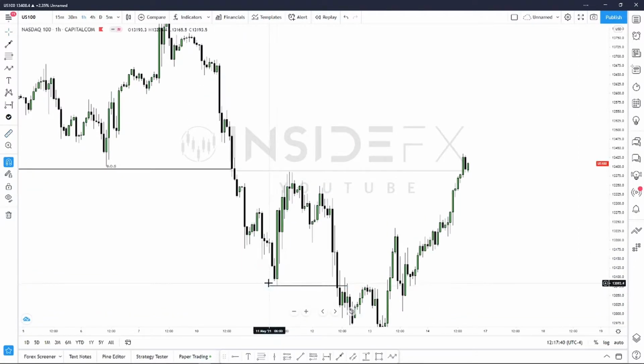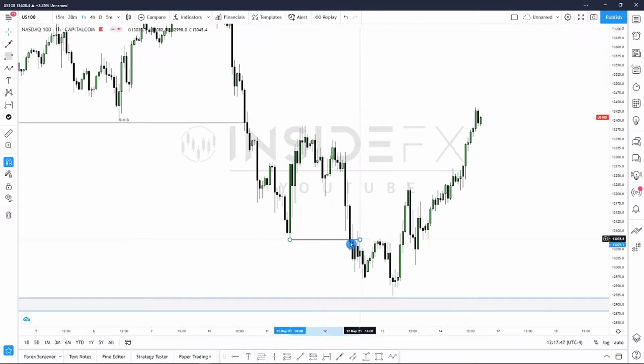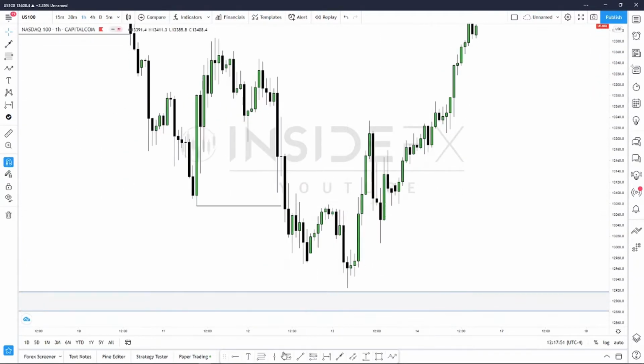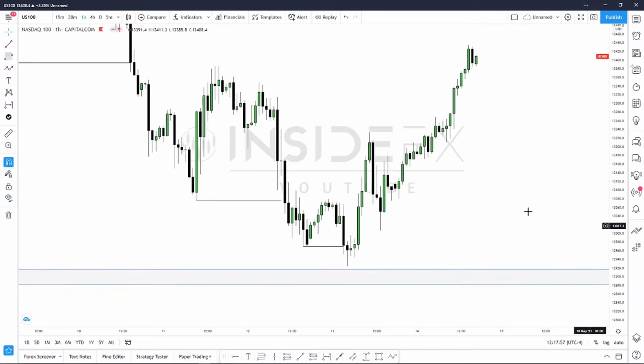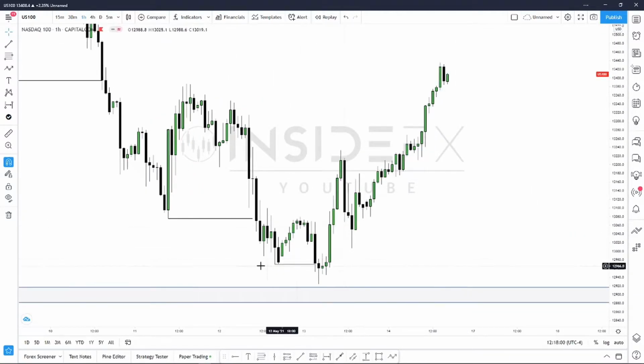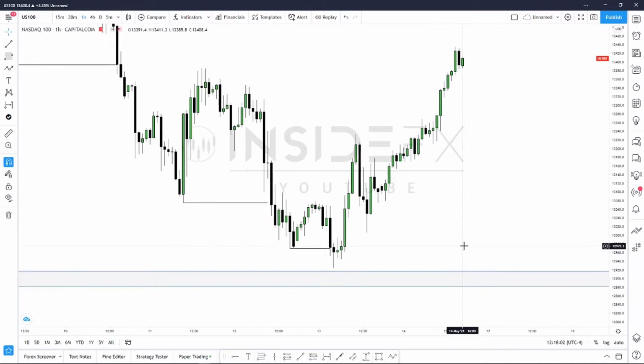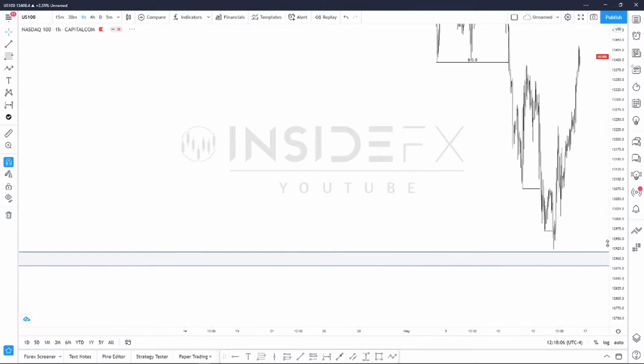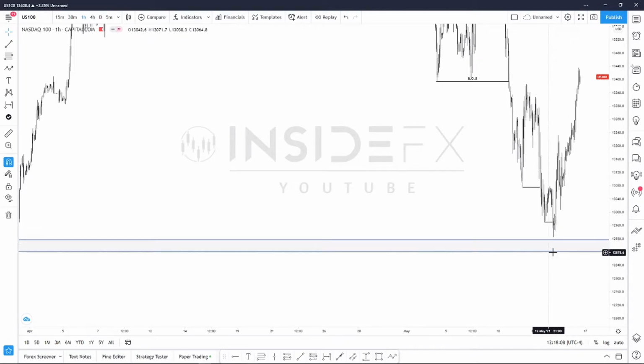So what I did was I went to the 1 hour, and I saw that price took out this bold low right here. I think that was the previous low of the day, which price took out, and then made a visit into that zone.